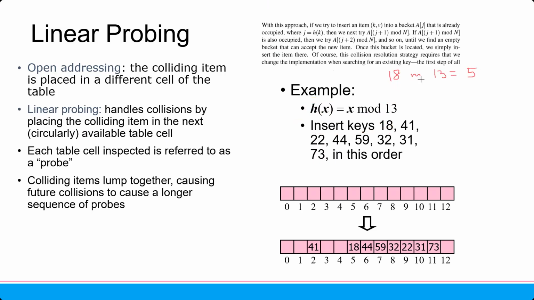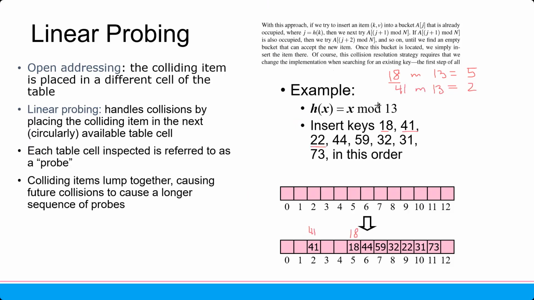Then we put 18 into index 5. Now I have another, 41. 41 mod 13, what is the result? It is 2. So I can put 41 in index 2.